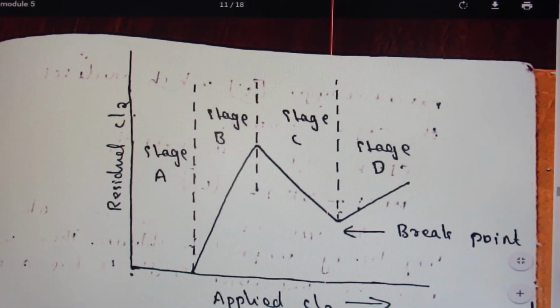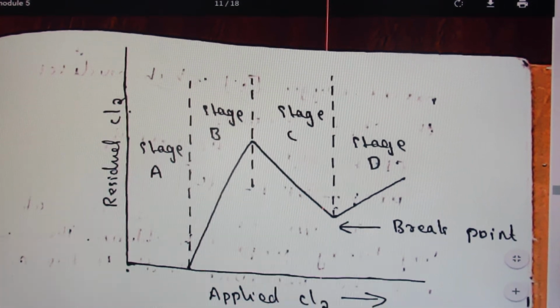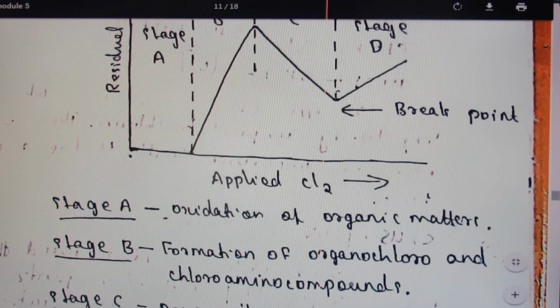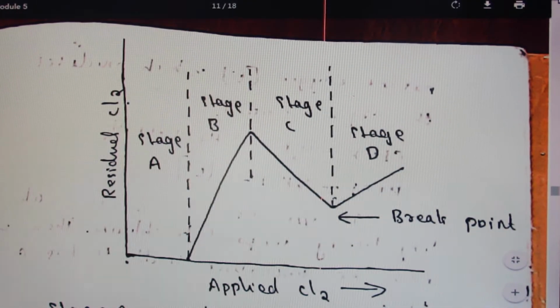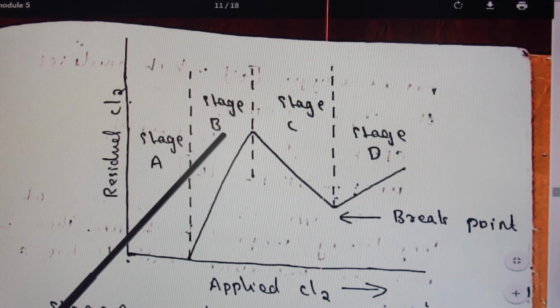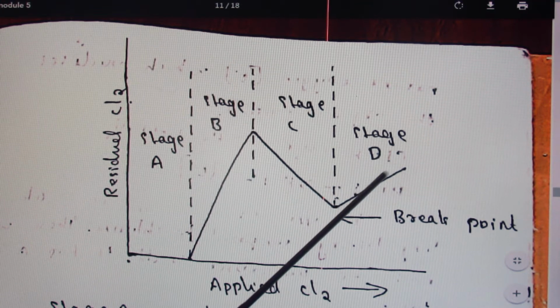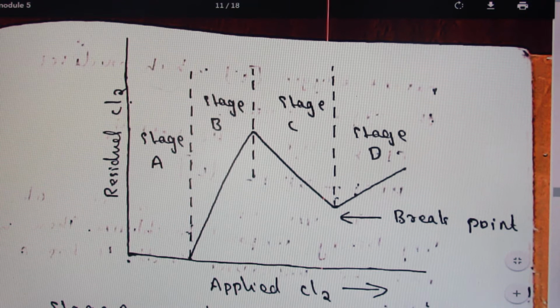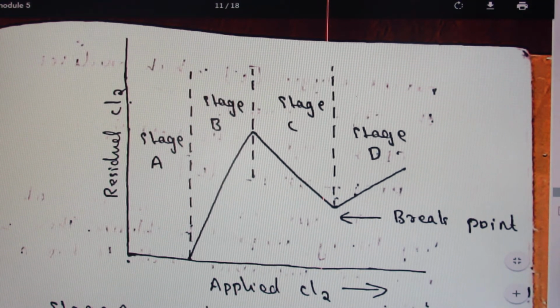Here we can plot the residual chlorine and applied chlorine. We can observe 4 different stages in the graph here: stage A, B, C and D. And this point is here marked as the breakpoint. So what happens in all these stages?